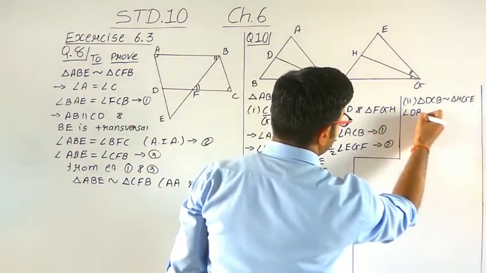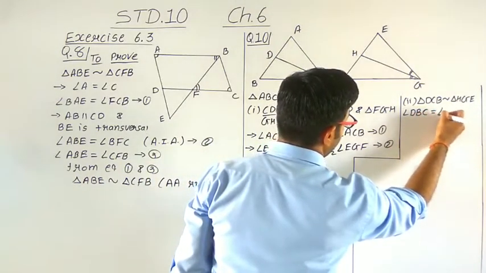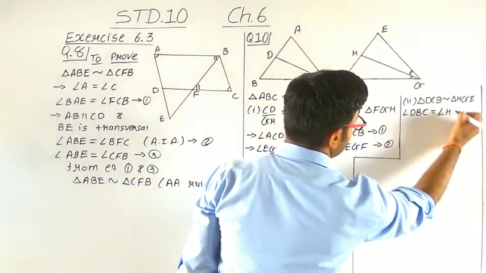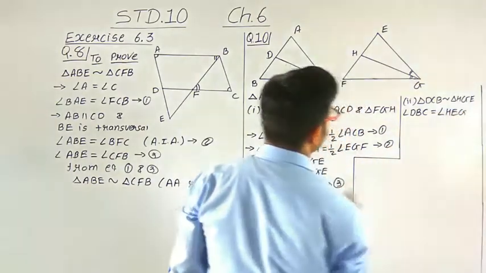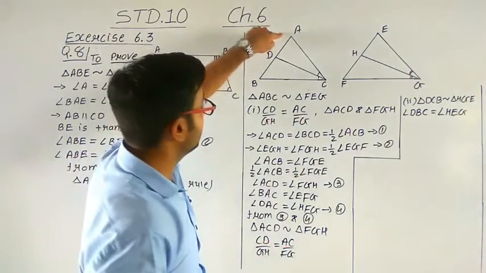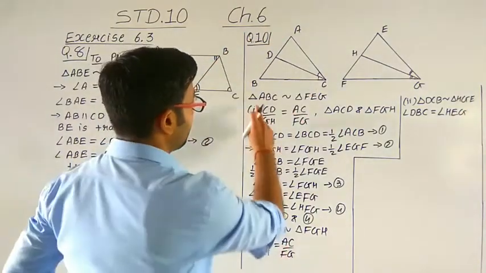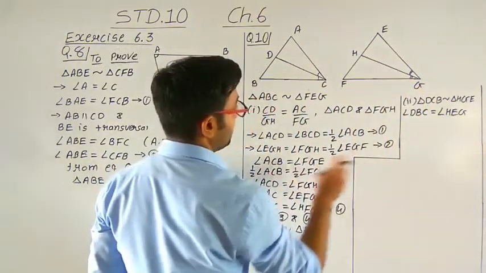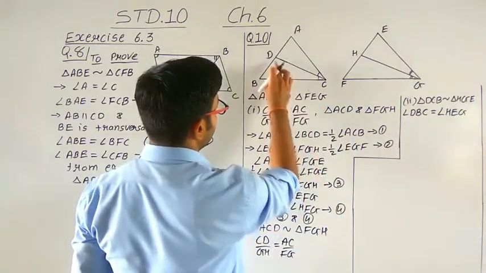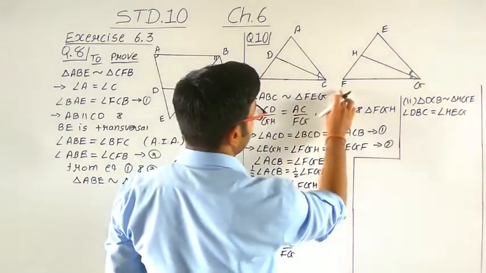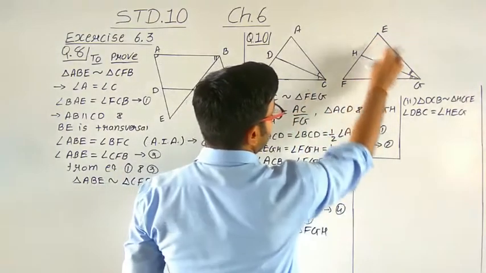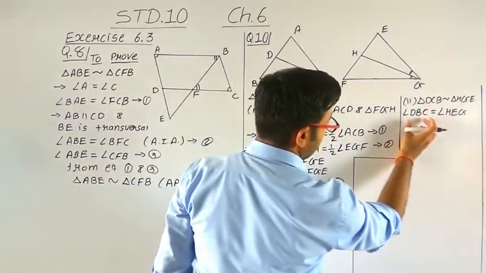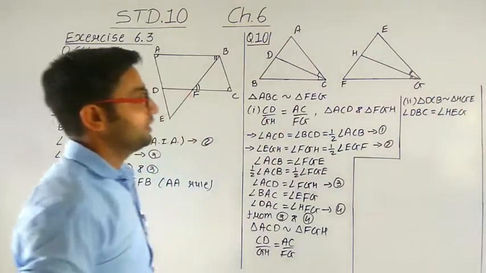Angle DBC is equal to angle HEG, because basically ABC is equal to FEG, but here instead of ABC we are writing DBC, so instead of FEG we can write HEG. So in these two triangles, one angle is equal.